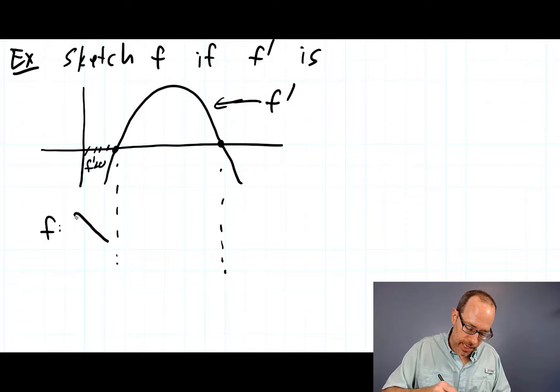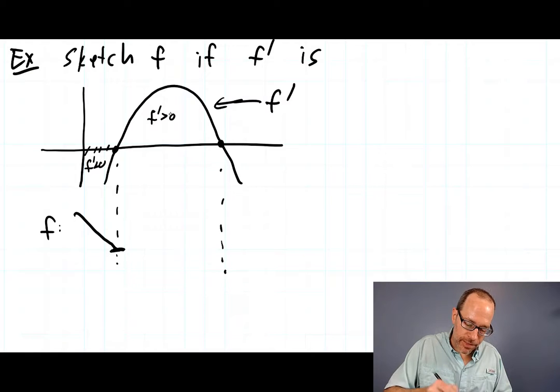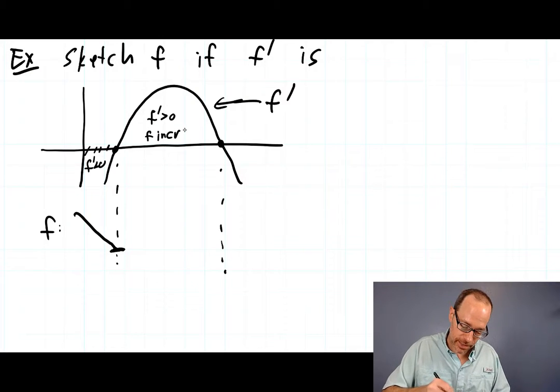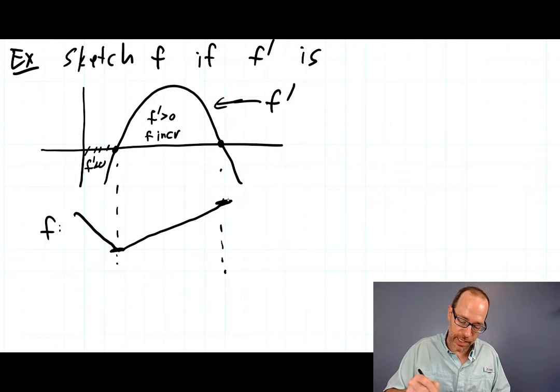It kind of flattens out there. And in this region, f prime is bigger than 0. It's above the x-axis. So that means f has to be increasing because f prime is positive. So the function has to be going up. And then because the derivative is 0 there, it kind of flattens out.